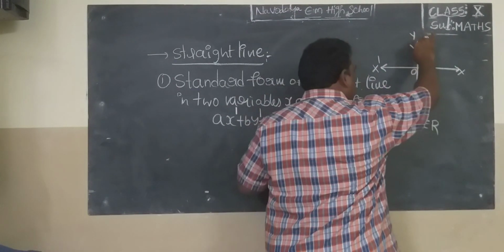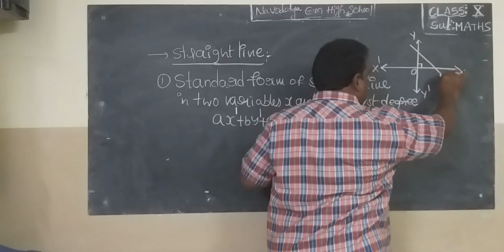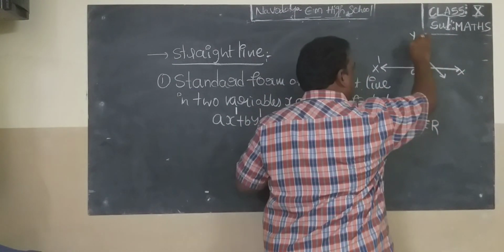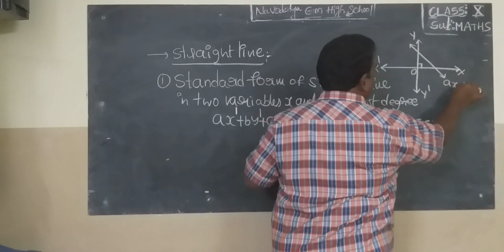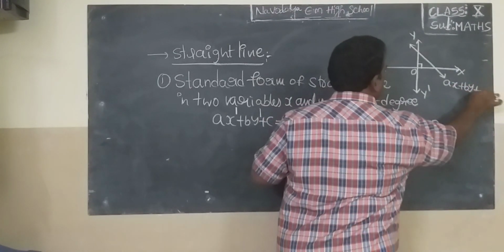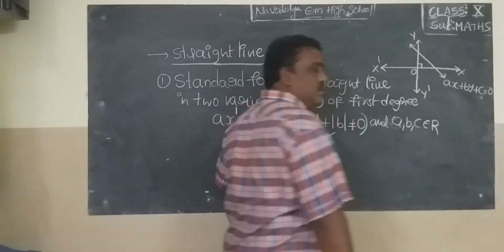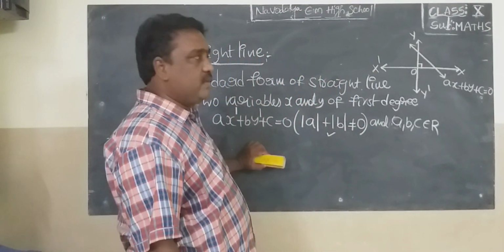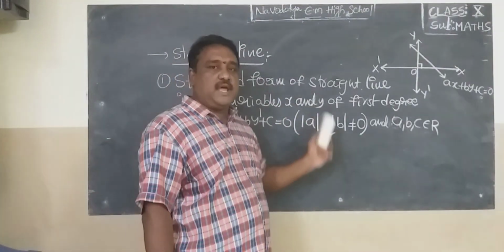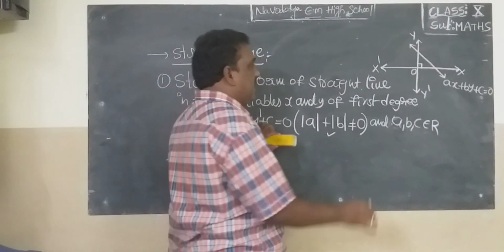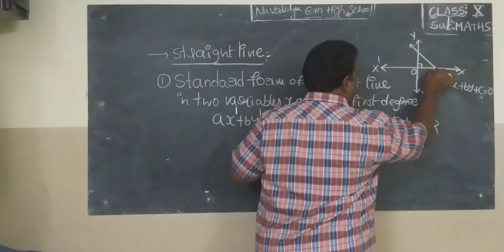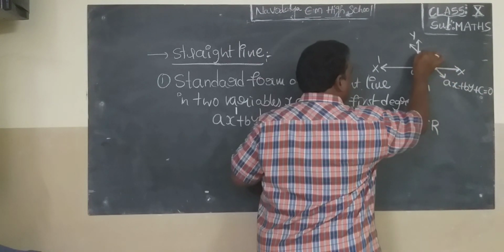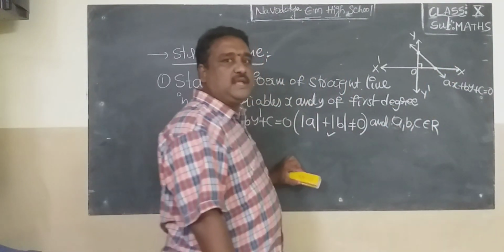And this is the straight line we are talking about now. The name of the straight line is Ax plus By plus C equal to 0. It is a straight line. It touches the x axis at one point and the y axis at one point. See the diagram.